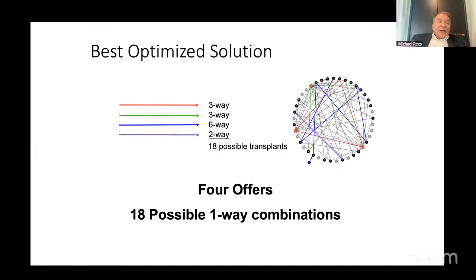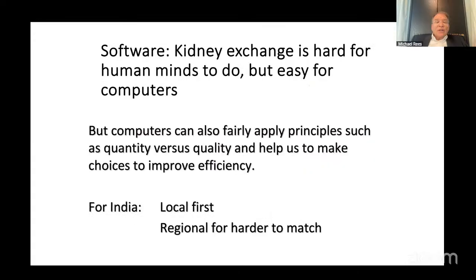Now imagine that you had hundreds of pairs in the system. Not only would it be nearly impossible for a human to figure it out, it would take an incredibly long time. And that's the beauty, really, of software. The software makes kidney exchange easy. So kidney exchange is hard for human minds to do, but it's easy for computers to do.